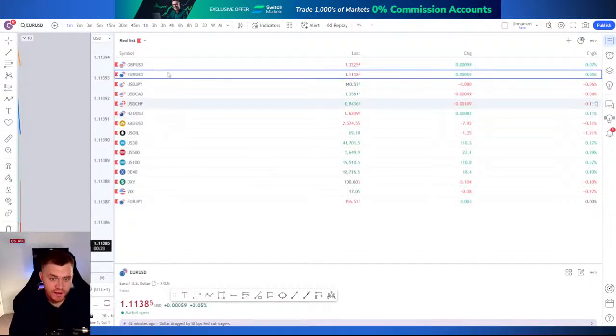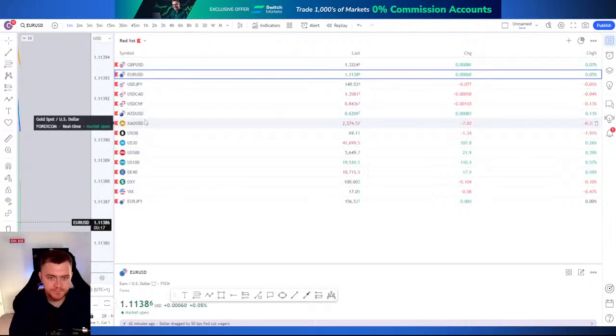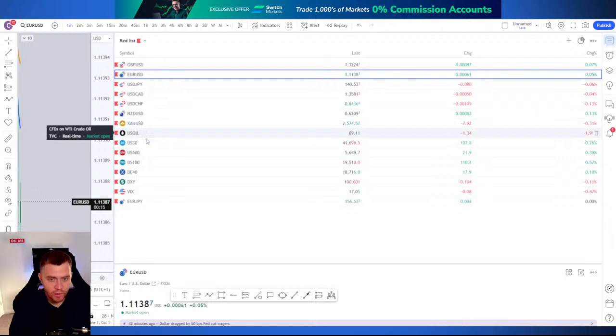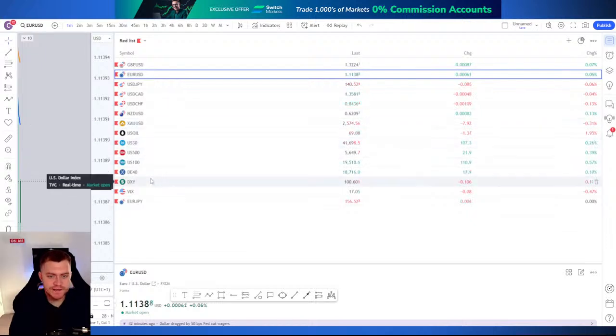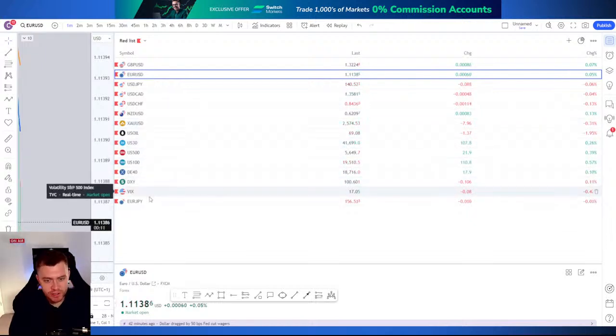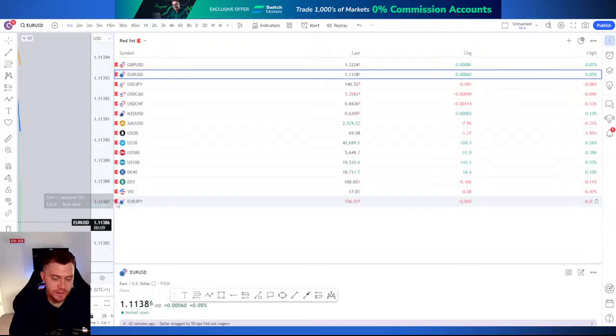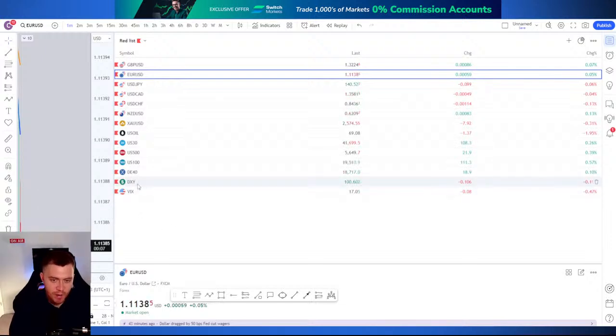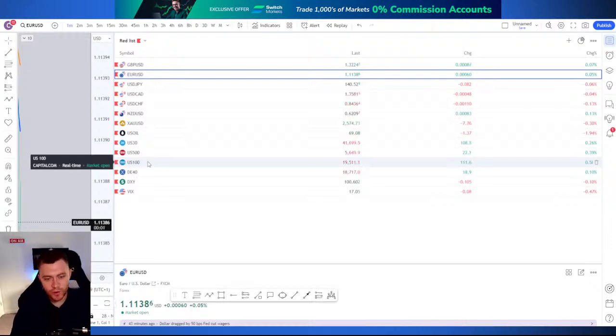I trade all the US majors because I do trade the trend rider strategy. And I also look at the gold market, oil, the 3 US stock indexes, the German index, and then I put the Euro Yen there because of the trend rider strategy. I also use the DXY and the VIX as my analysis. I don't actually trade those markets, of course, because you can't on a spot broker.